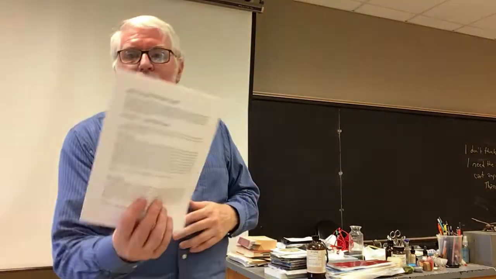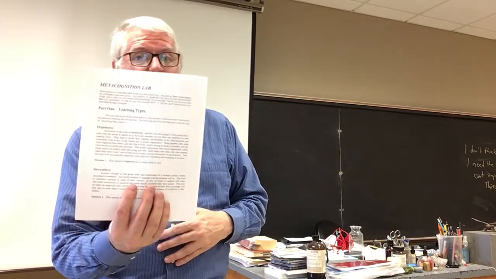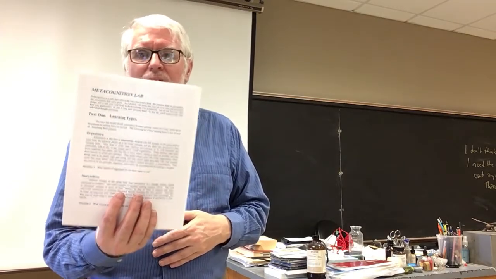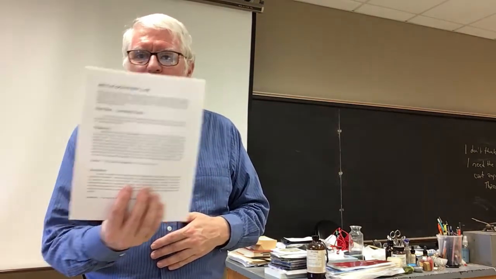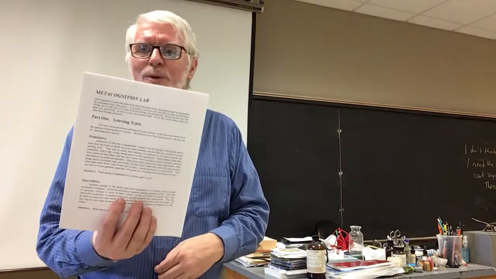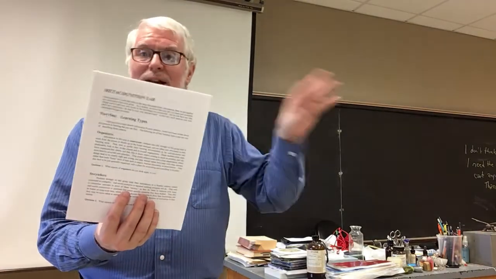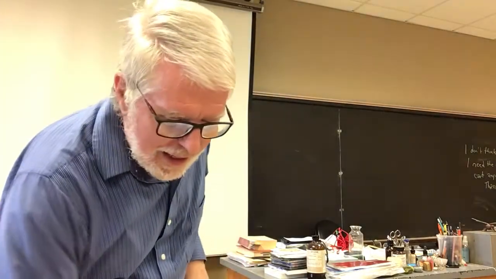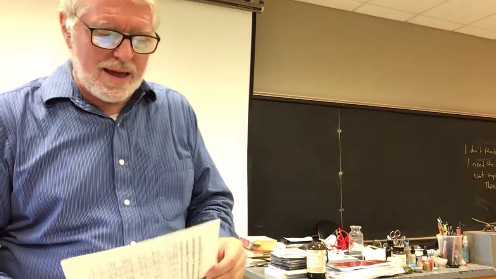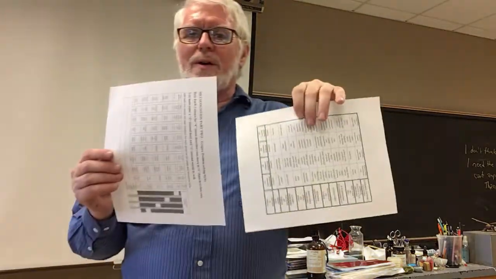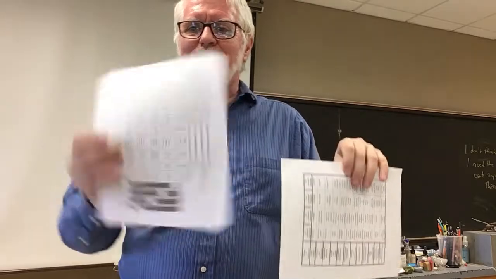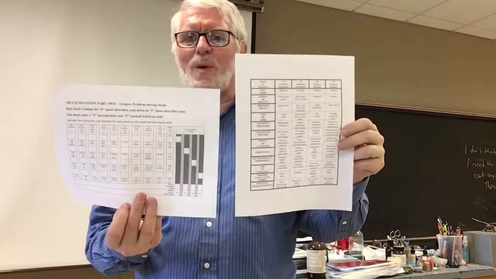So you need either a physical copy of this that you can write on, or a virtual copy that you can write on the screen. Now there is part two there because it's printed sideways and then printed this way.